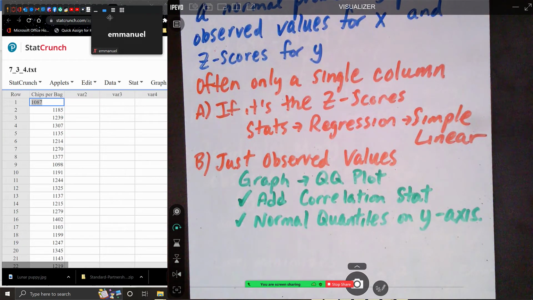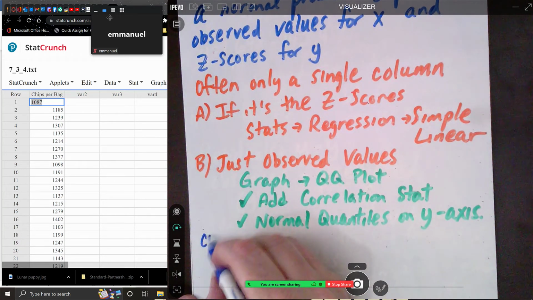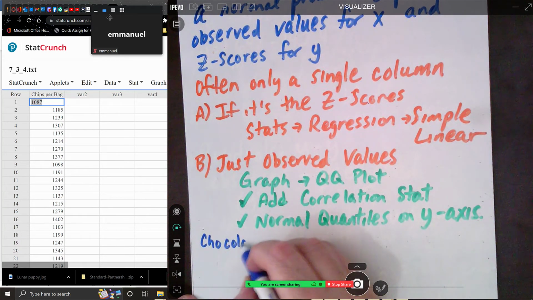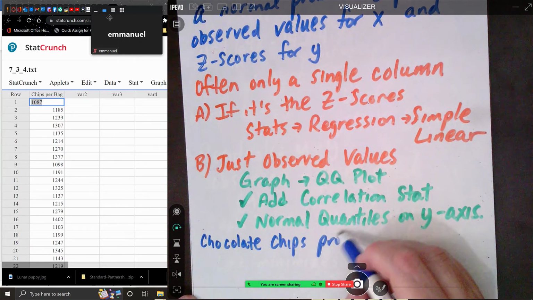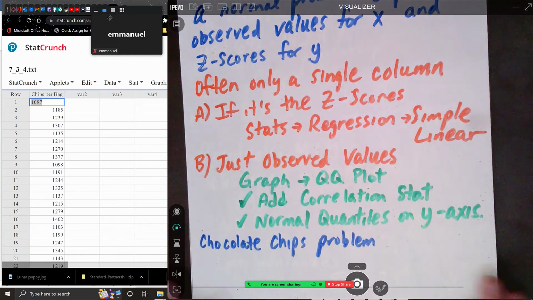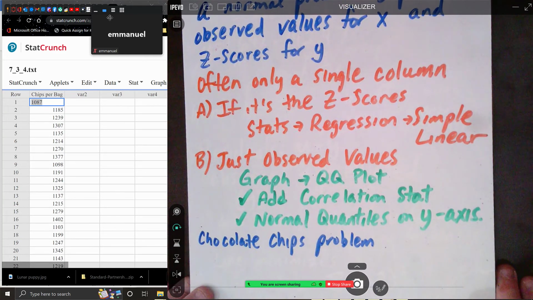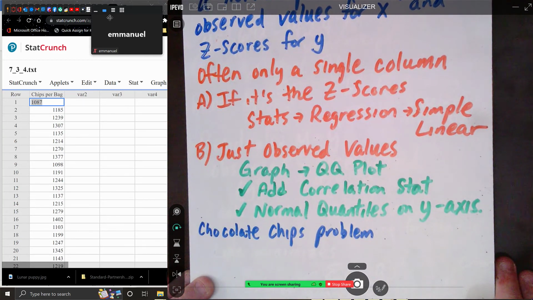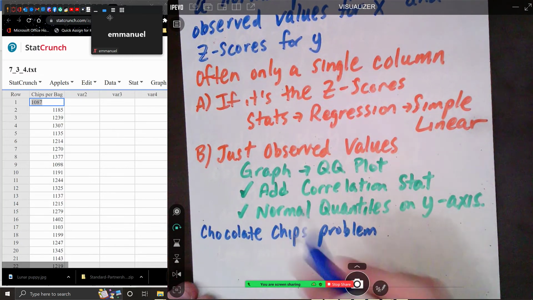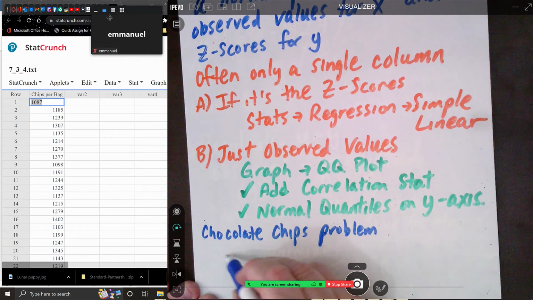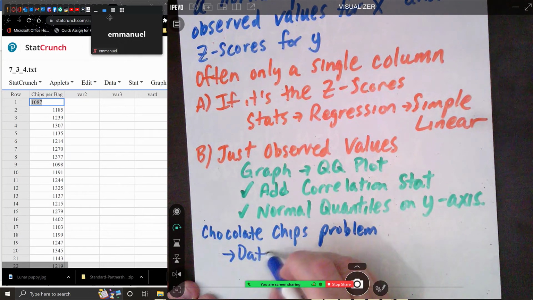So the problem I brought up is similar to the chocolate chips problem we were doing in chapter 7. This is actually the data for it. So since it's the actual data, I'm going to do the QQ plot.